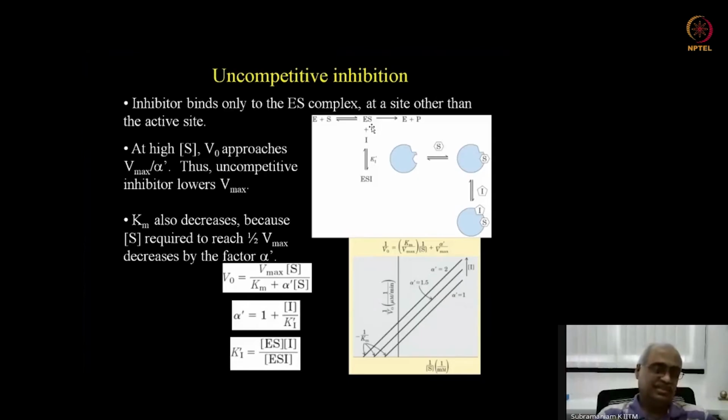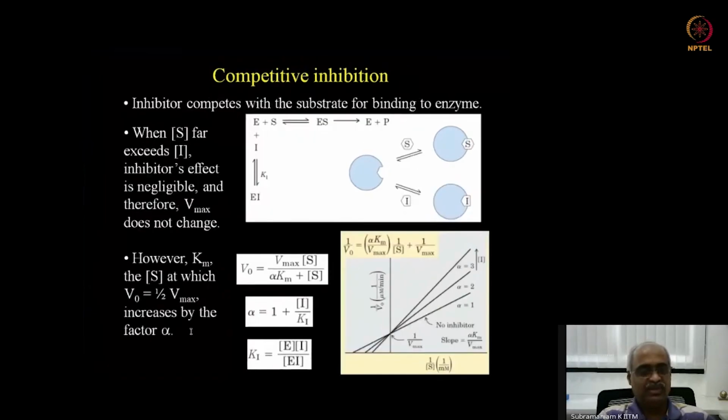So doing this is going to affect the rate at which this combination is going to happen, as well as it is also going to affect the Km. So at a high substrate concentration, V0 approaches Vmax by this factor. This factor exists in the previous one also, I kind of ignored it.